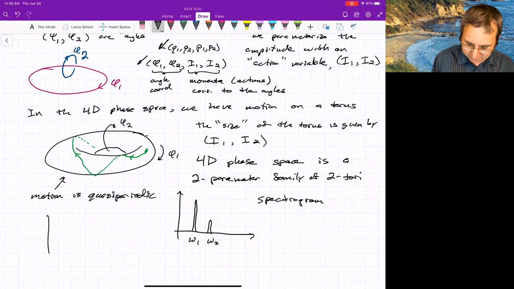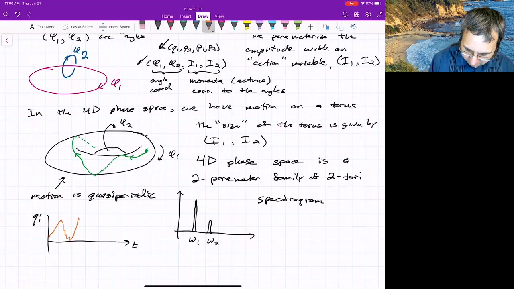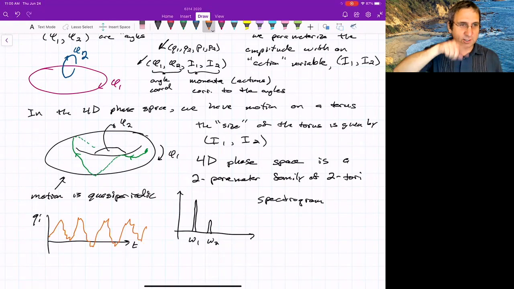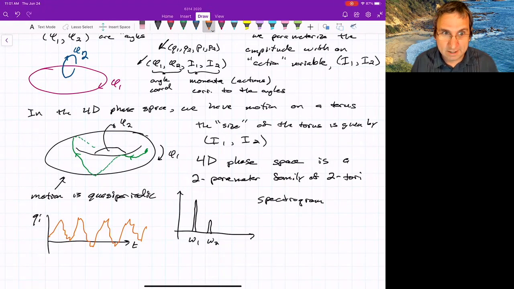If you have any system where you follow some representative Q as a function of time, and it seems to have two periods, like here, it looks like there's a long frequency and a short frequency superimposed on top. And that is, in some sense, a very generic thing you'll see in Hamiltonian systems.